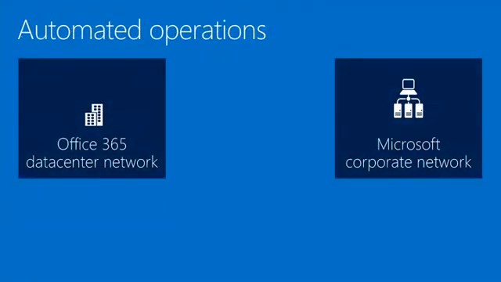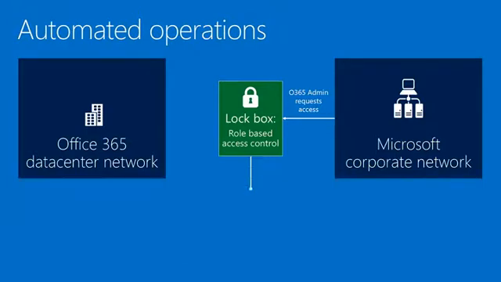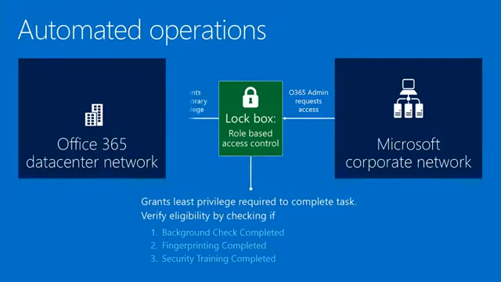We use automated operations. Automated operations is a term for how we do administration of servers in Office 365. Microsoft, of course, has a corporate network that spans across the world, which we all use as employees to access data and collaborate with our colleagues.